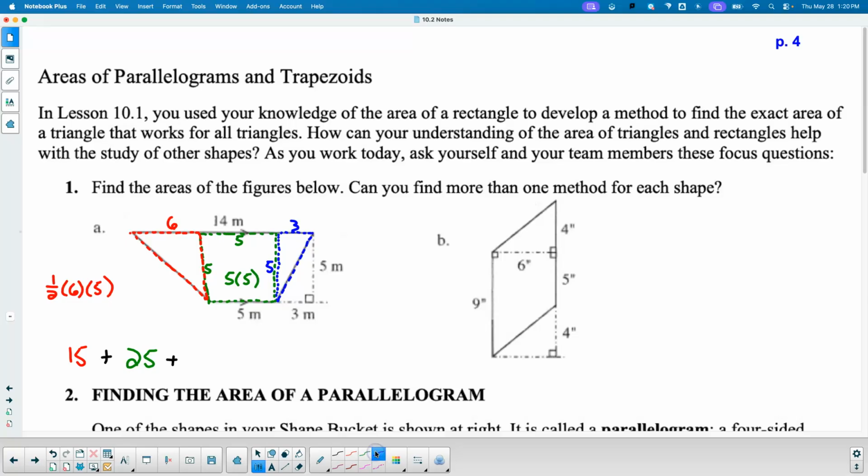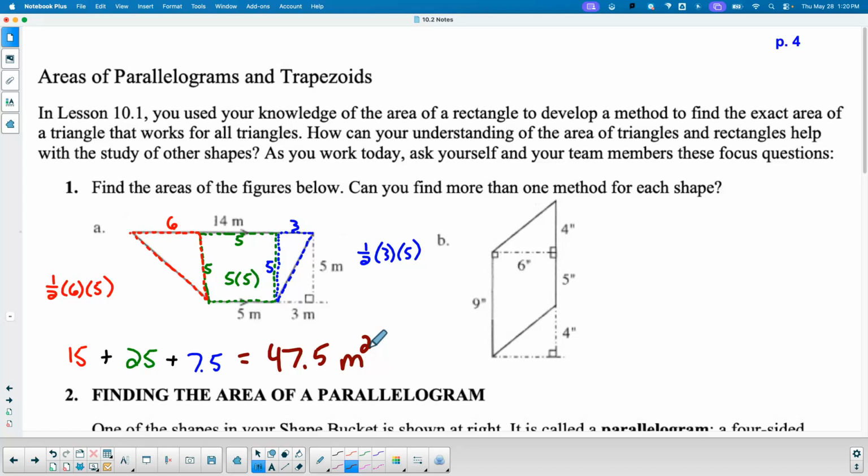What's the area of the blue? So what's my total area? 47.5 square meters.